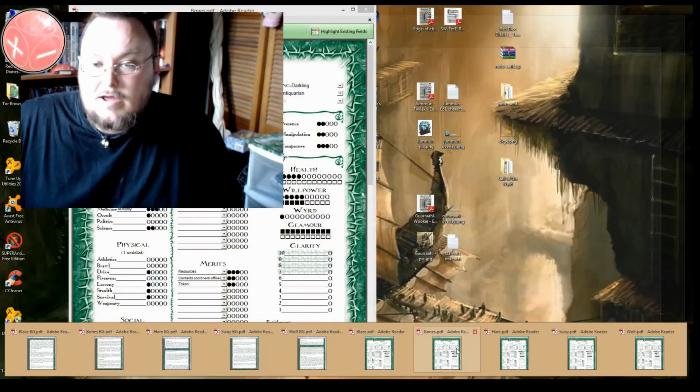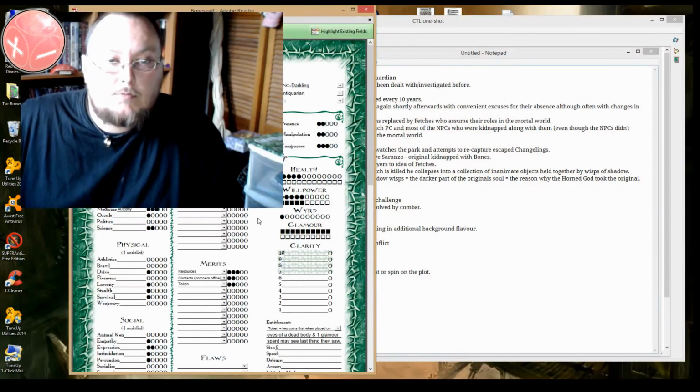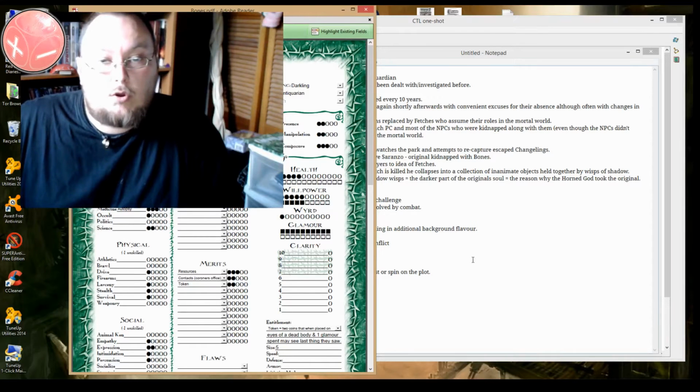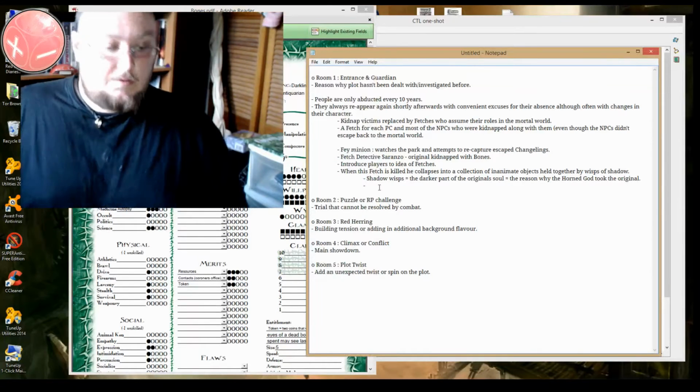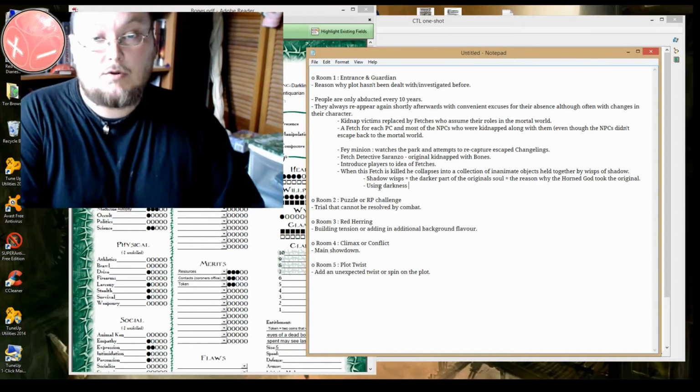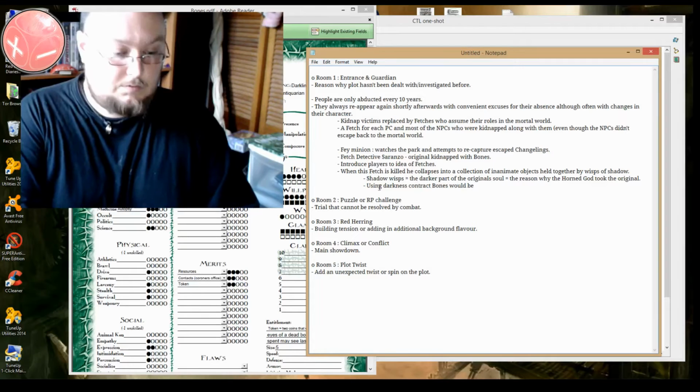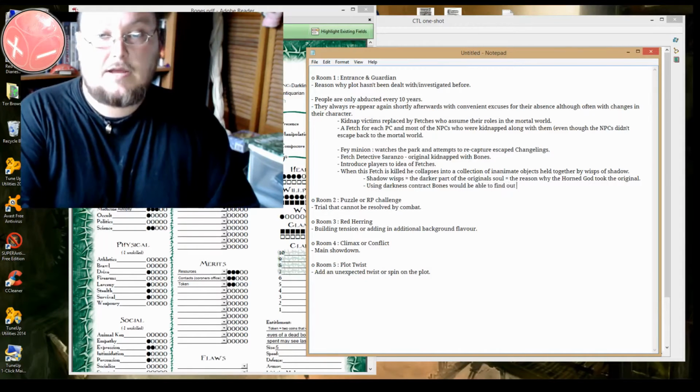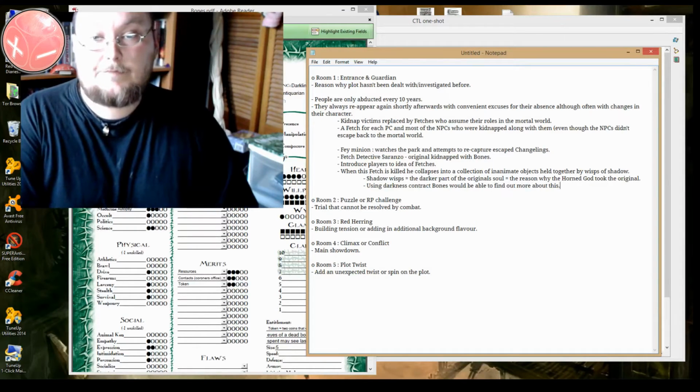Also, if we have a look at Bones' character sheet, we can see that he has the Darkness contract. So using the Darkness contract, Bones would be able to find out more about this.